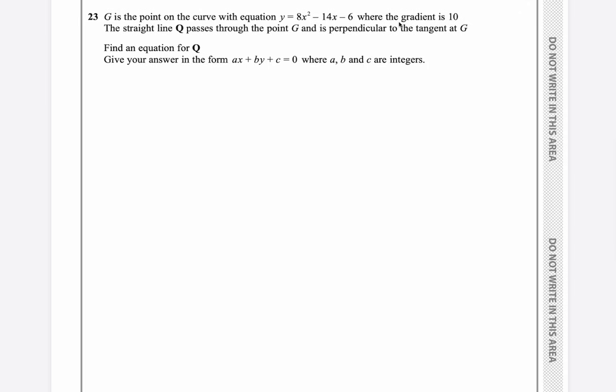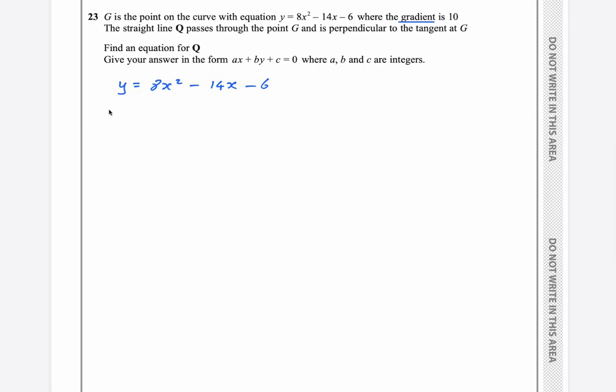Right, gradient, keyword, gradient is the derivative. So as soon as I see that, because I'm not dealing with coordinates and I just have a function, as soon as I see gradient, I think, right, I'm going to have to differentiate. So y is 8x squared. And even if you can't do the rest of the question, guys, just by differentiating here, you're going to get some marks.